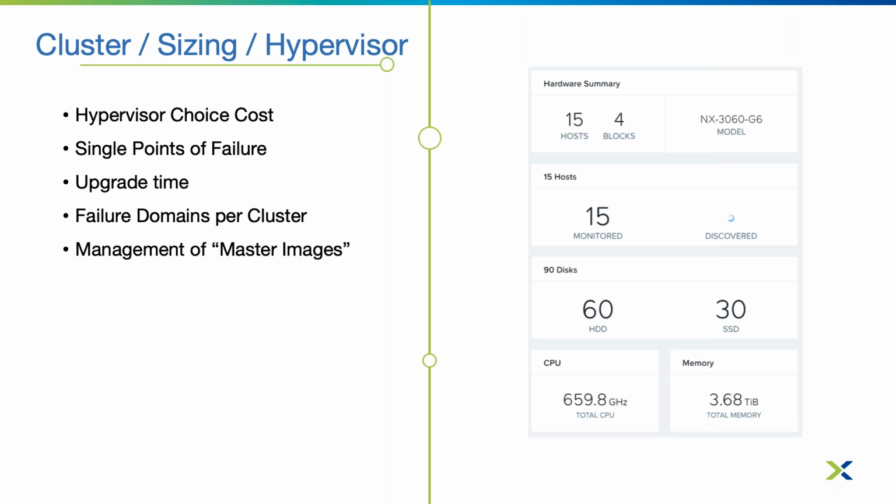It can take a long time, so it's worth thinking about that when you're designing your cluster size. We're currently sitting at 25 nodes in one of the clusters, which is probably about as high as we would go, because an upgrade for AOS and all the supporting software takes around half a day, three-quarters of a day to get that done.